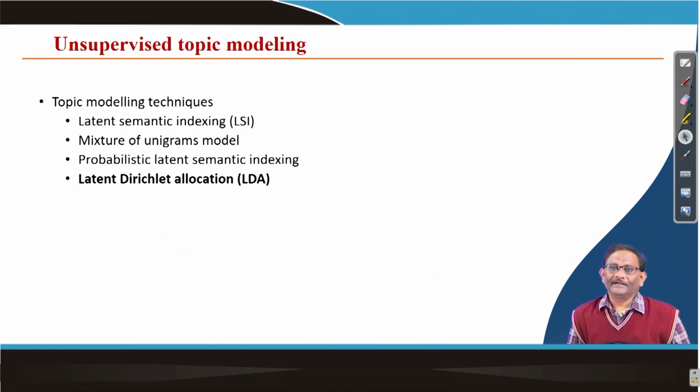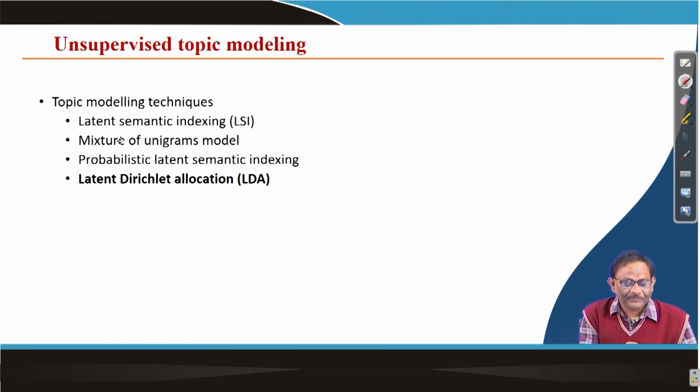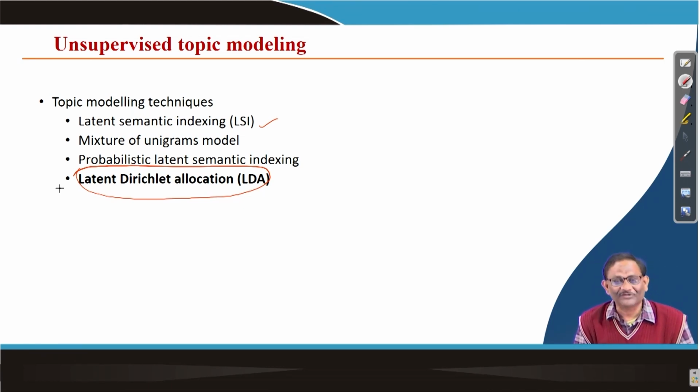So what are the topic modeling techniques? There are many, for example, latent semantic indexing, mixture of unigram model, probabilistic latent semantic indexing, and latent Dirichlet allocation. This is the technique which we are going to describe. I cannot cover it at length, but at least to a reasonable extent we will give the concept of latent Dirichlet allocation and how it will be used in topic modeling.